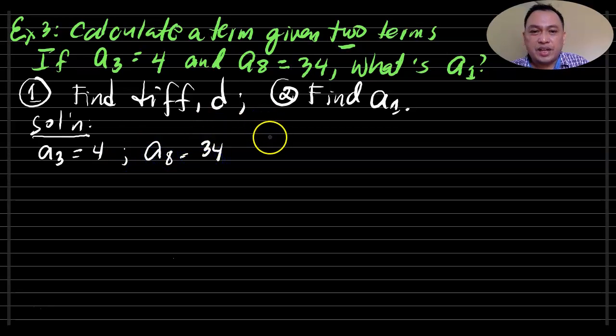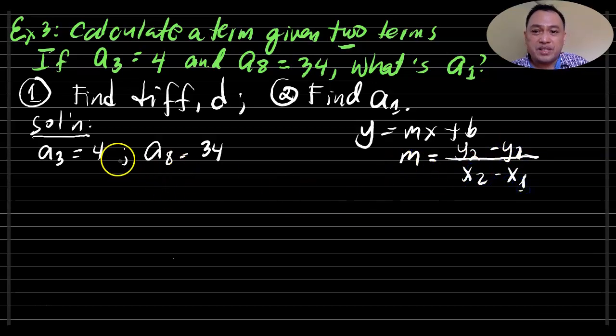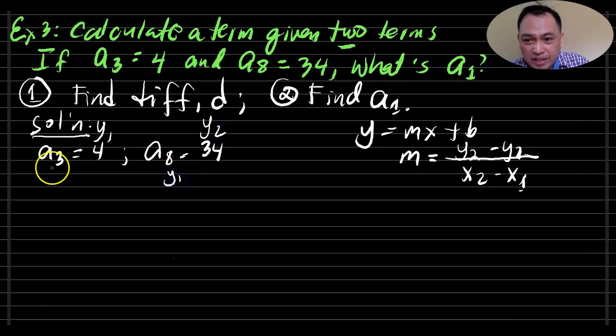I would like you to imagine that in your linear equation y is equal to mx plus b, m here is the slope, and you can find the slope by saying y2 minus y1 over x2 minus x1. So it's going to be the same in here.